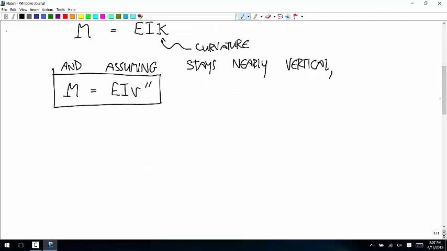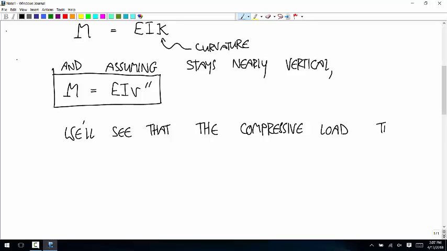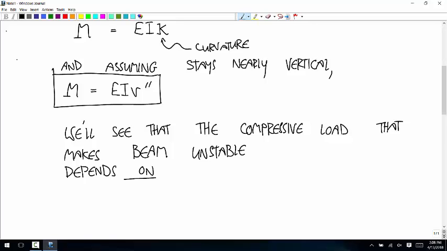And we're going to see that the compressive load that makes the beam unstable depends on the way that the beam is anchored at the top and the bottom, or anywhere along its length.